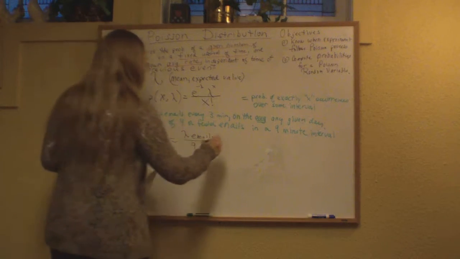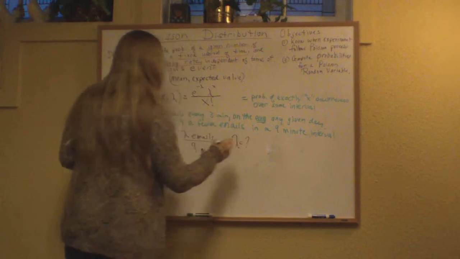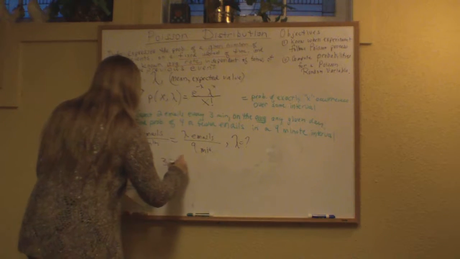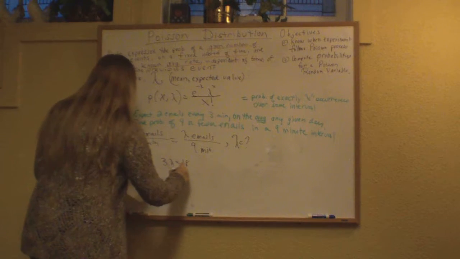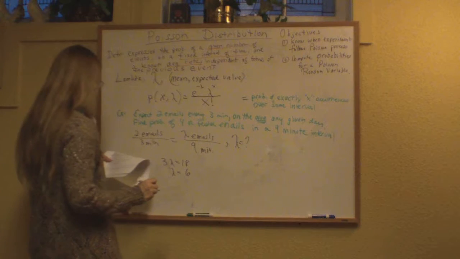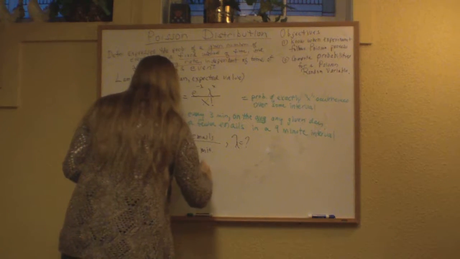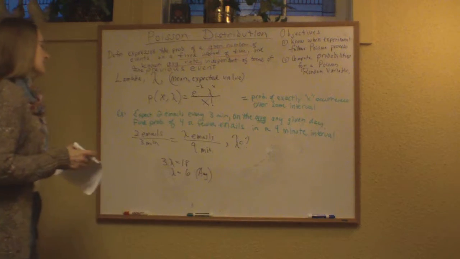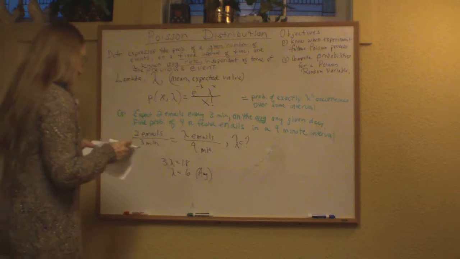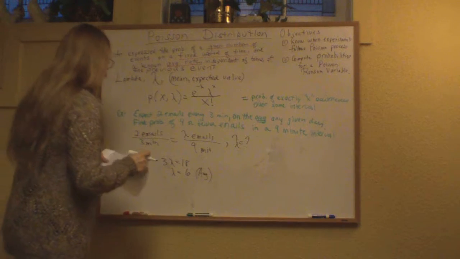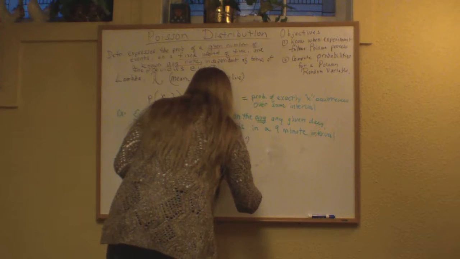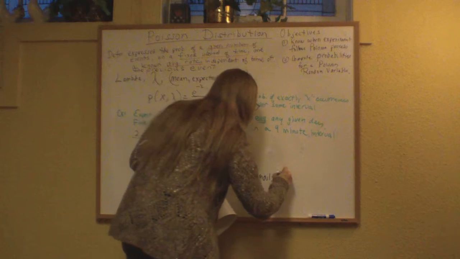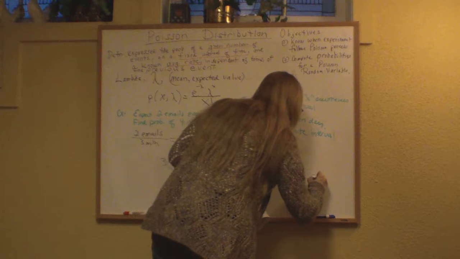Then you solve for lambda. So you have 3 lambda equals 18, or lambda equals 6. So that's going to be the average, or expected value. So you can expect about 6 emails to pop up in 9 minutes.